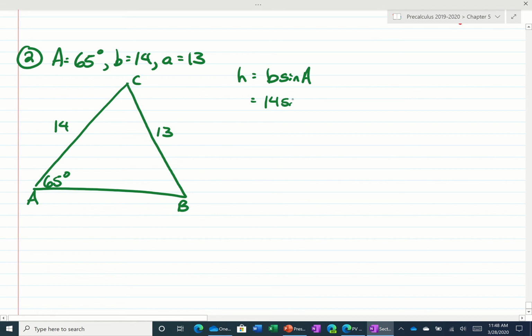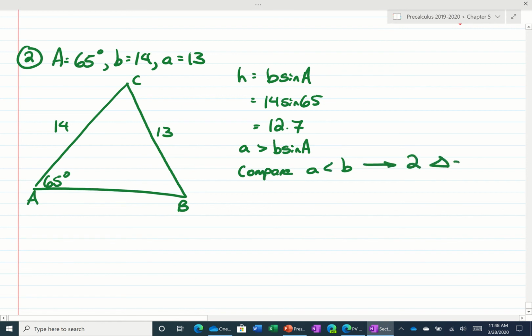And 14 times the sine of 65, the height would be 12.7. So because side A is larger than the height, we have to compare sides A and B. Side A is smaller than B, which gives us two triangles.